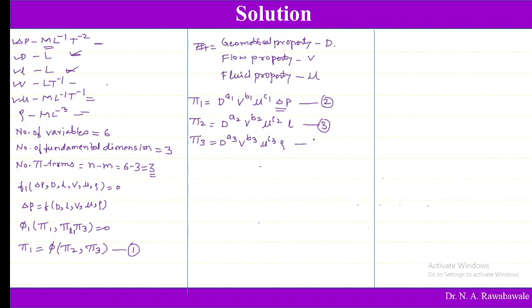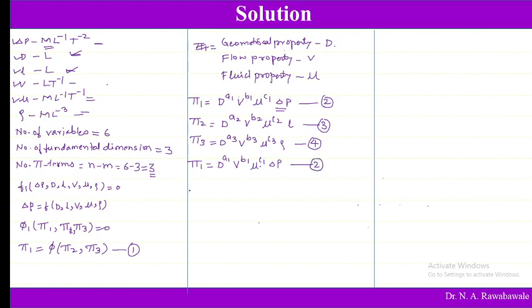We call this equation number 4. So we can take these equations one by one. First we take pi 1 term, D to the power of a1, V to the power of b1, mu to the power of c1 delta P. So this is equation number 2 we have selected.